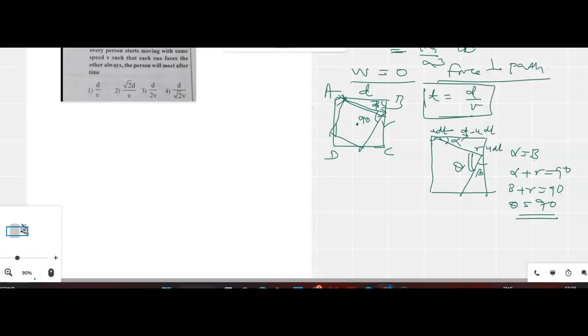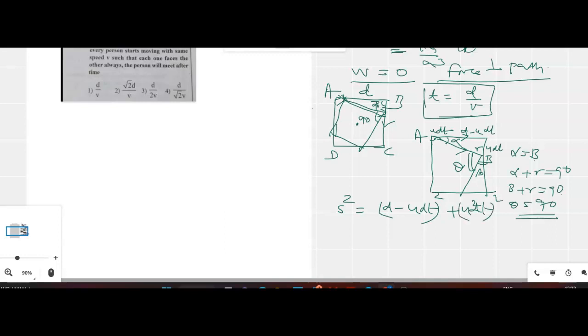So the distance between the two, a and b, after time dt is this square plus this square. So the square of the distance, let us say s square, is d minus u dt whole square plus u dt whole square.